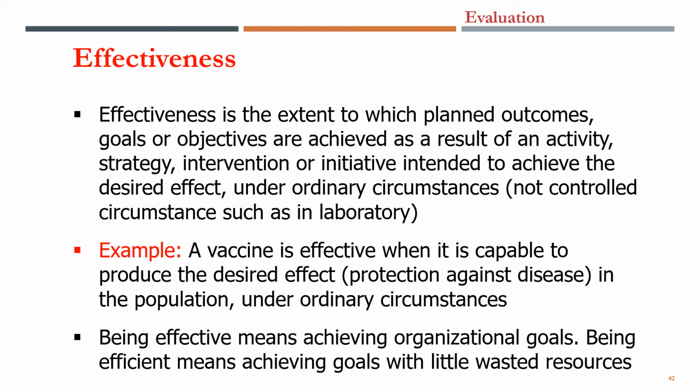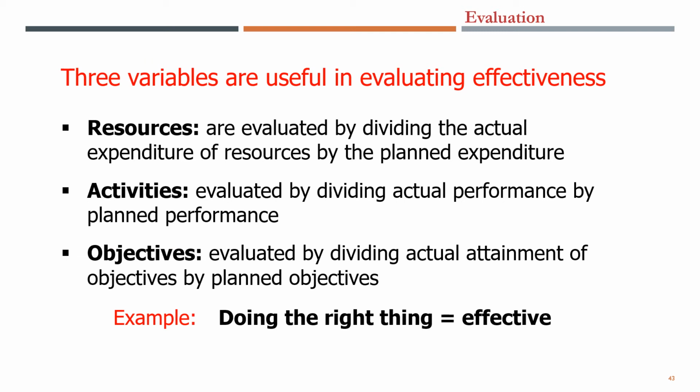Being effective means achieving organizational goals. Being efficient means achieving goals with little wasted resources. The three valuable variables that are useful in evaluating effectiveness are resources, activities, and objectives. So doing the right thing is what leads to effectiveness.